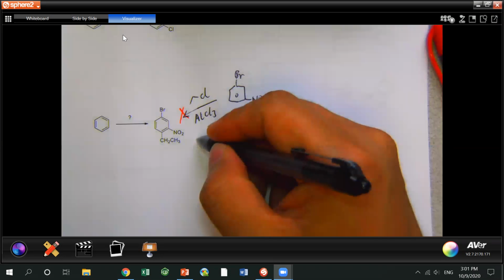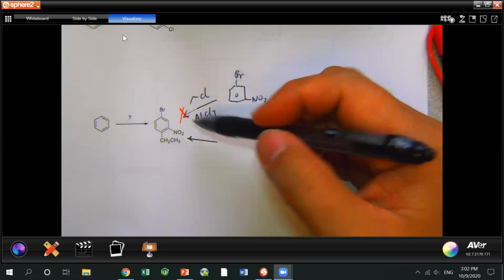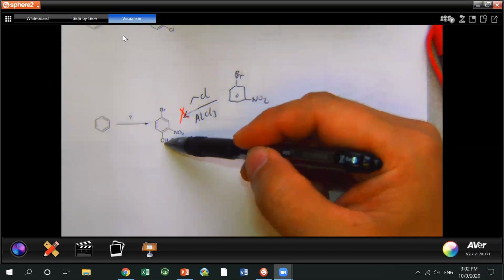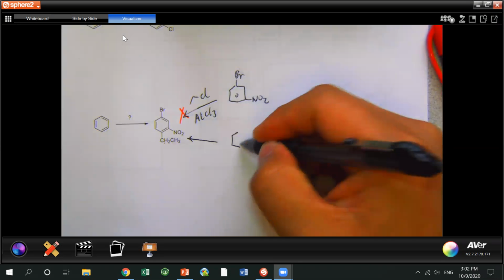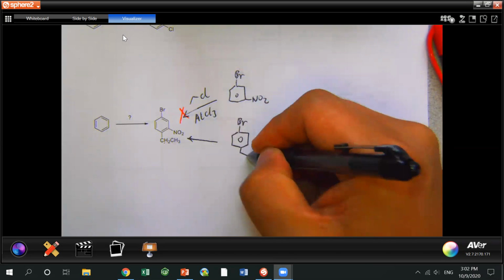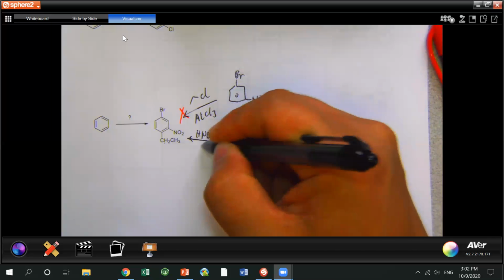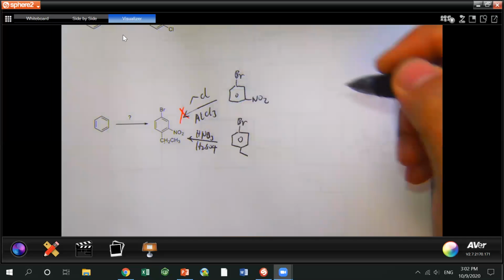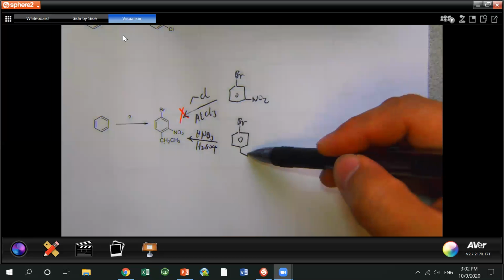Next, we try to keep the bromine and the ethyl group, and then see whether we can put the nitro group on. So that's nitration. Here there are two substituents already on the benzene ring, one ethyl and one bromine.